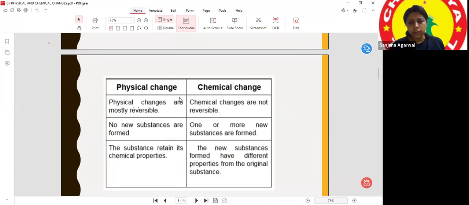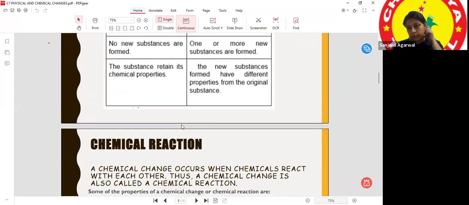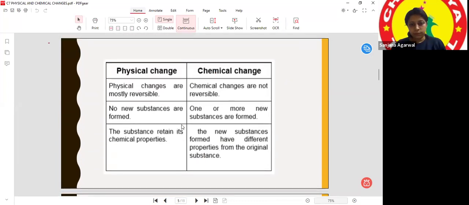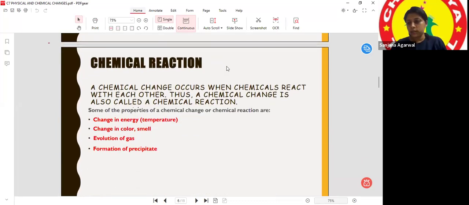All the changes, the 3 points are here, the 2 you have already written, so we have written all of these. Okay, just read this, otherwise I'm giving you a very simple worksheet to solve now. Give a read to chemical reaction.